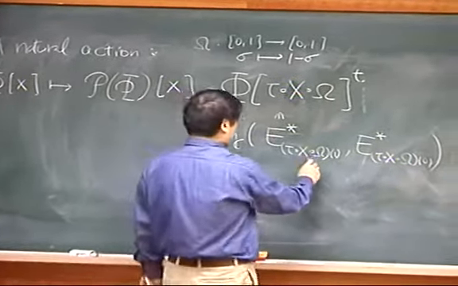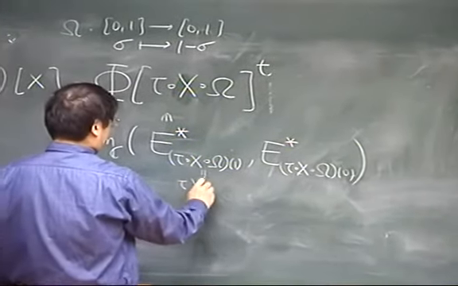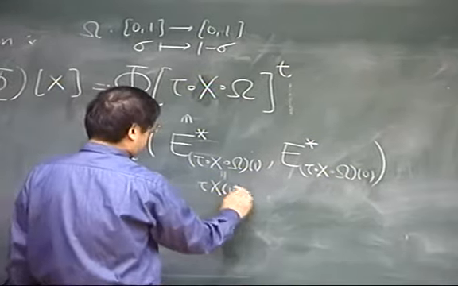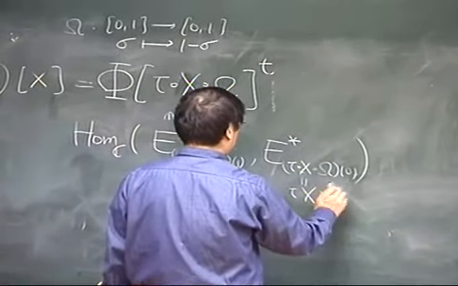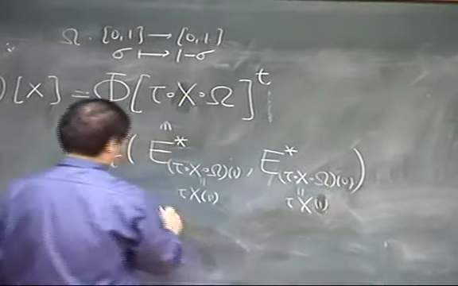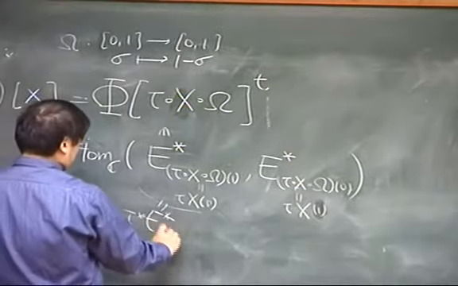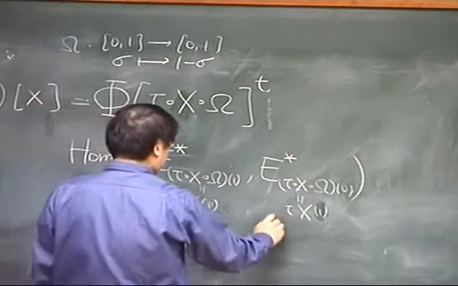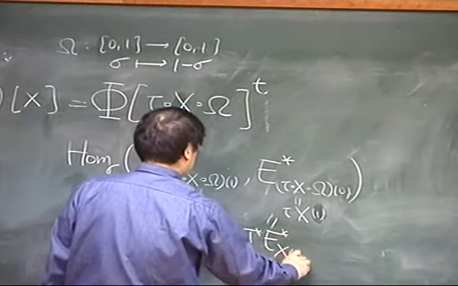But of course this is tau x 0, and this is tau x 1, and therefore this is tau star E star x 0, and this is tau star E star x 1.